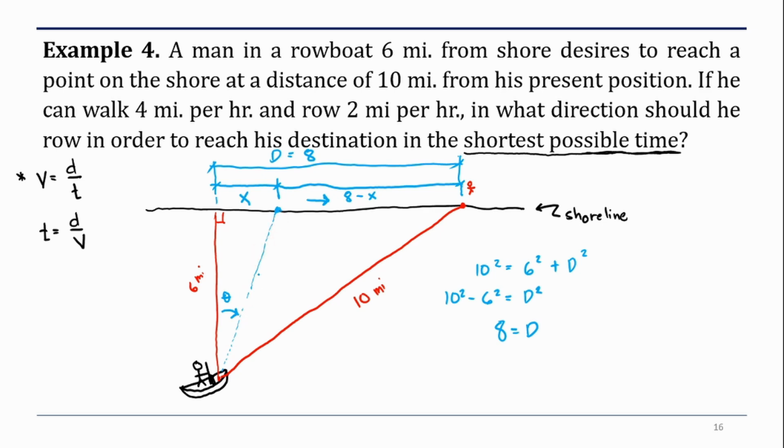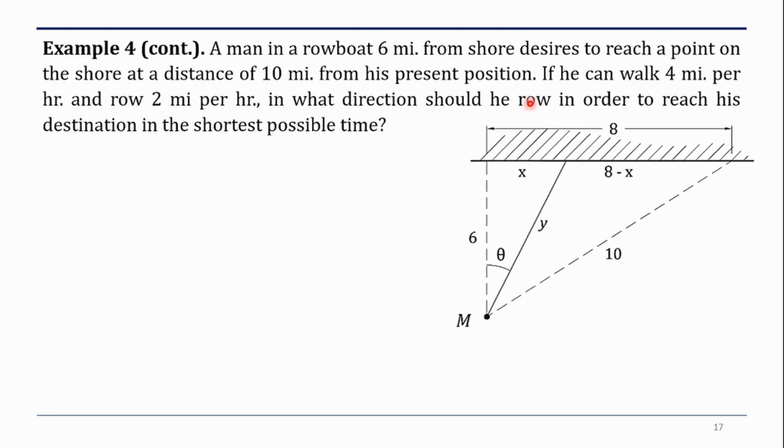So, hindi natin alam yung distance na yan. So, let's designate that as y muna. Okay? So, yan. So, we will have our formula for time, distance over velocity. So, meron tayong distance na babangkain, meron tayong distance na lalakarin. So, we should have two terms sa ating equation sa time. So, we have now total time is equal to yung time sa paglalakad plus yung time sa pagbabangka or T sub B. So, we now have this figure.